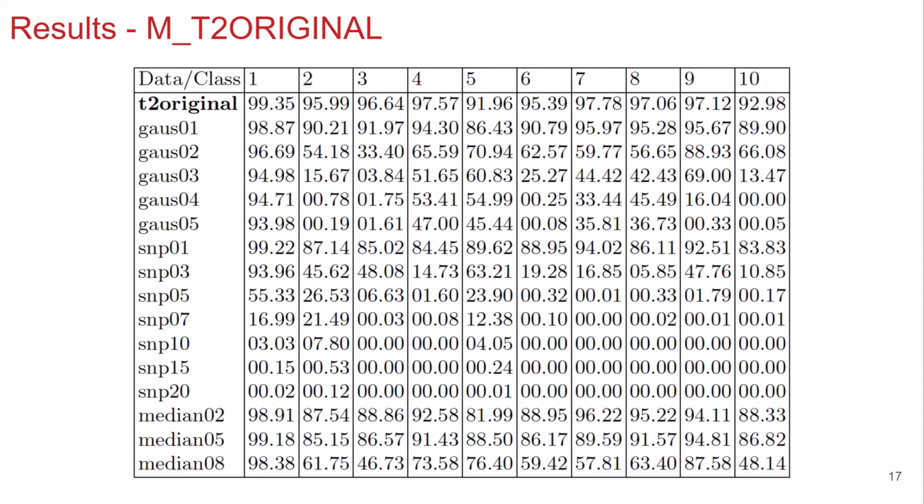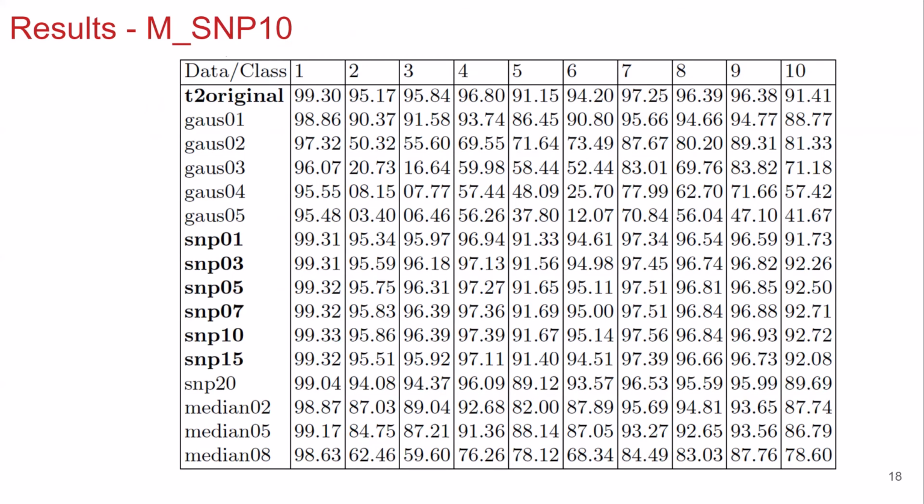The model SMP10, which was trained on a high level of salt and pepper noise, demonstrated high levels of robustness on all 10 classes for noise-free data, T2 original, data injected with lower levels of salt and pepper noise, SMP01, as well as higher levels of salt and pepper noise, SMP15.